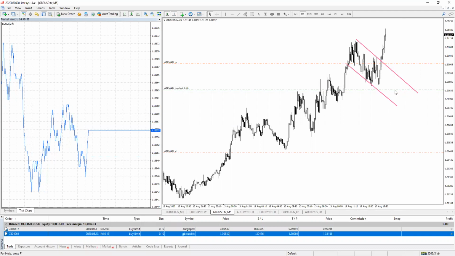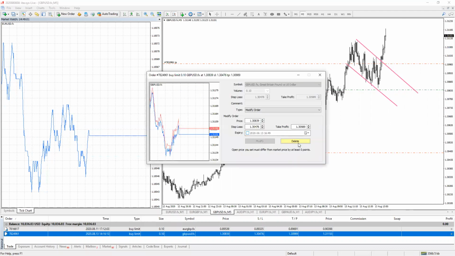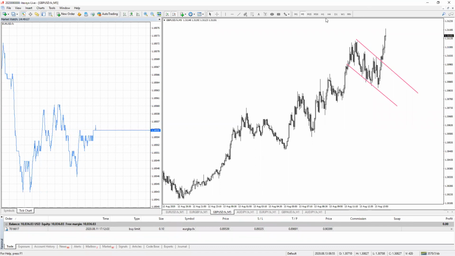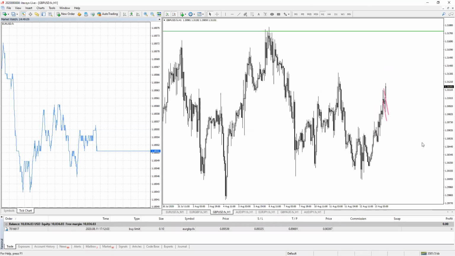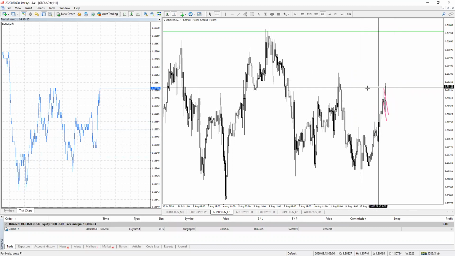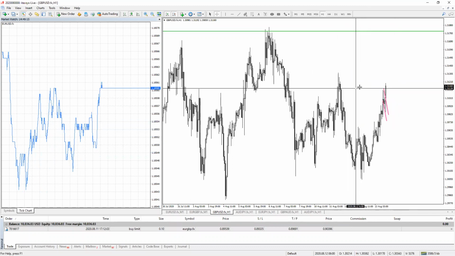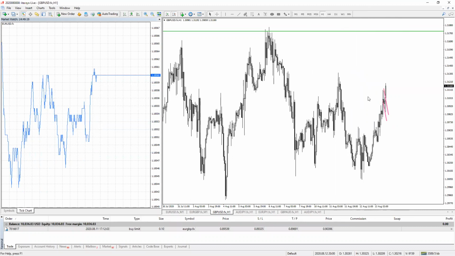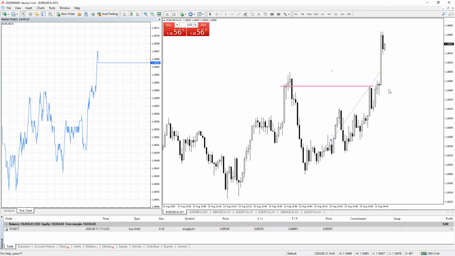So let's just delete this trade, and for next session we'll look up for better ideas. You know what? No, we're going to have some bounce here. I don't know for how long, but yeah, we should be happy with our 15 pips.